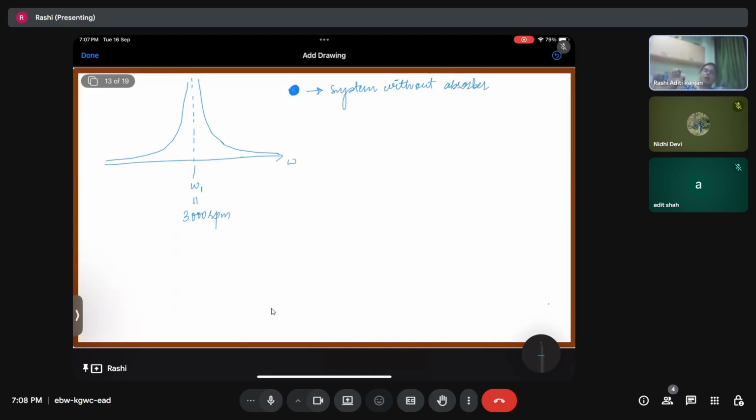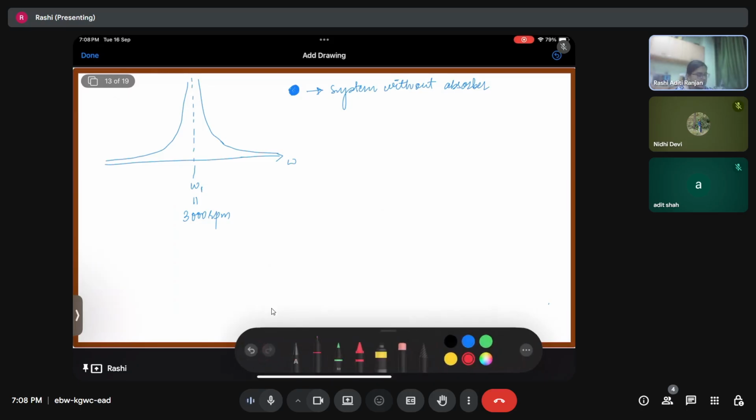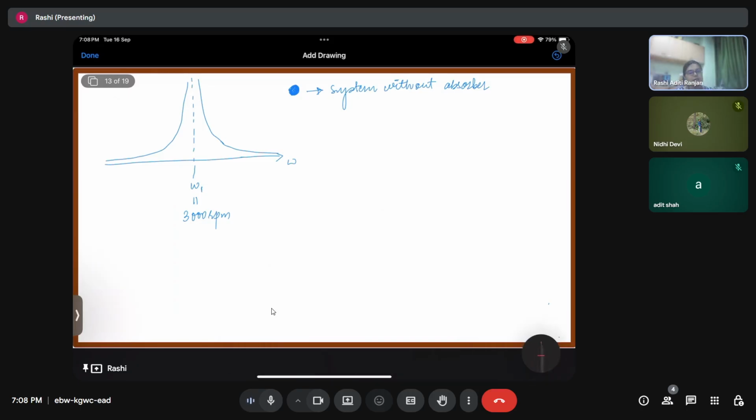Now a new absorber is attached to the system, and for the trial run the mass is taken as 2 kg. So for the red part, trial mass 2 kg absorber, the plot is now changed to something like this.